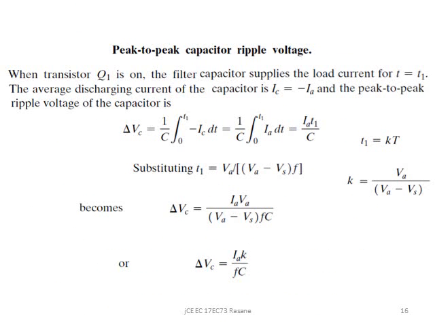Now let us look at the peak to peak capacitor ripple voltage. When the transistor Q1 is on, the filter capacitor is the one which supplies the load current for T equal to T1, right?